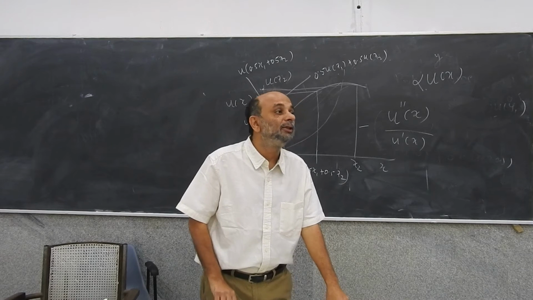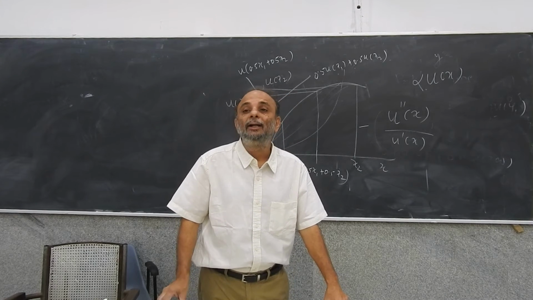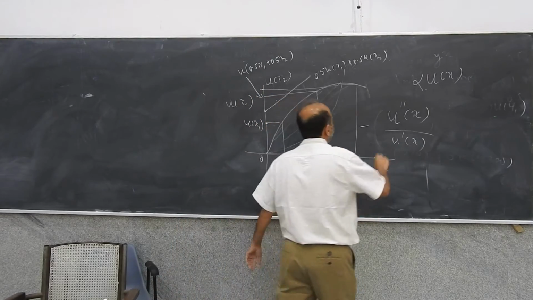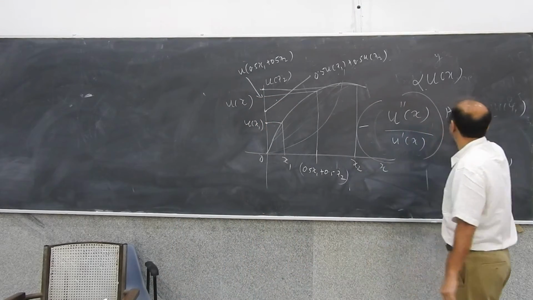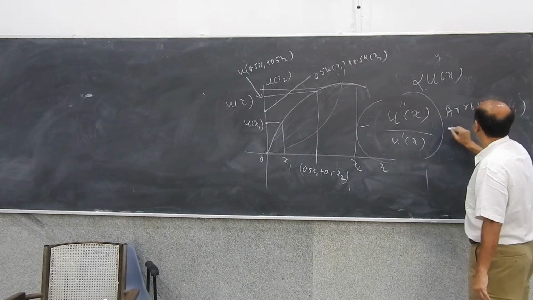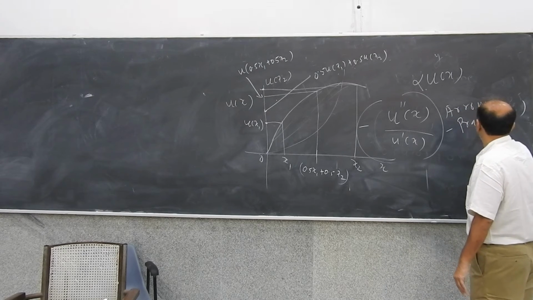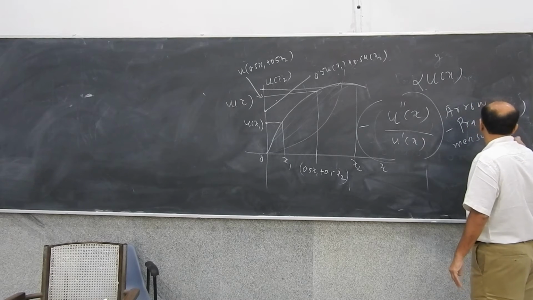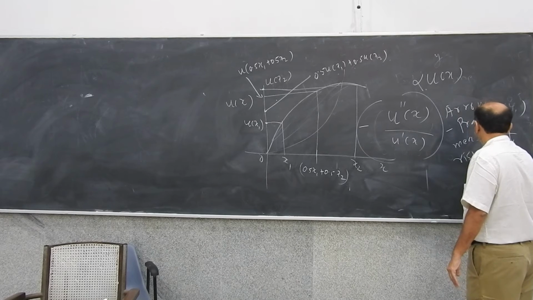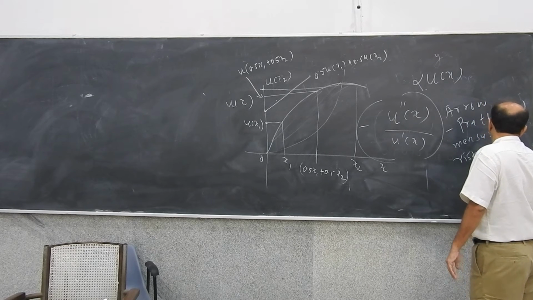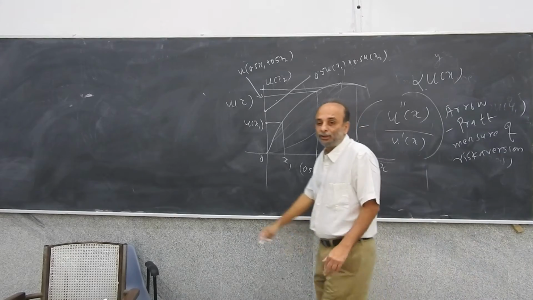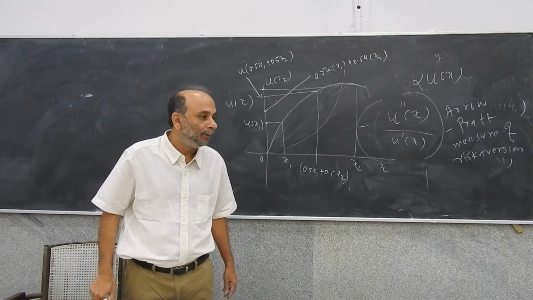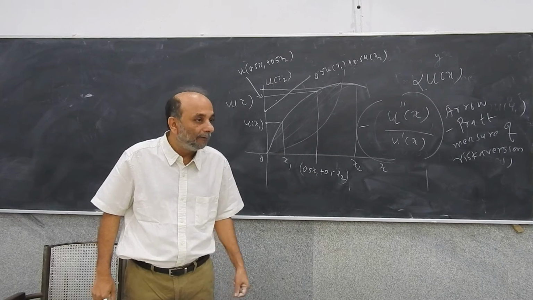It's actually a measure of absolute risk aversion and is called the Arrow-Pratt measure of risk aversion.